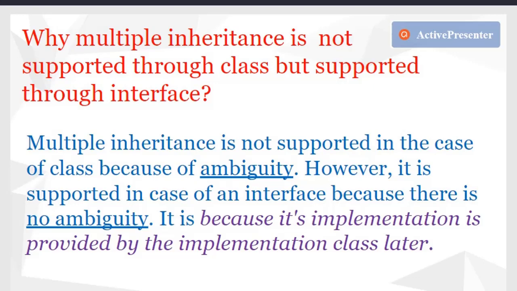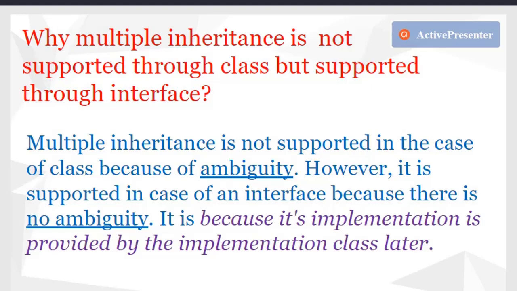However, it is supported in the case of an interface because there is no ambiguity. Its implementation is provided by the implementation class later. We define those methods later, so it is up to your choice. So there is no ambiguity here.